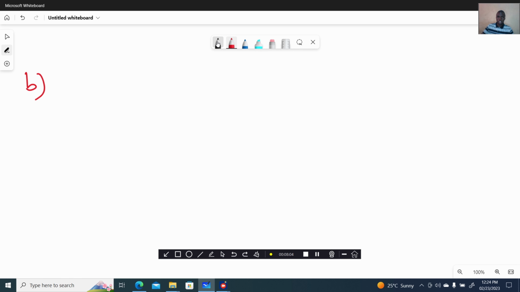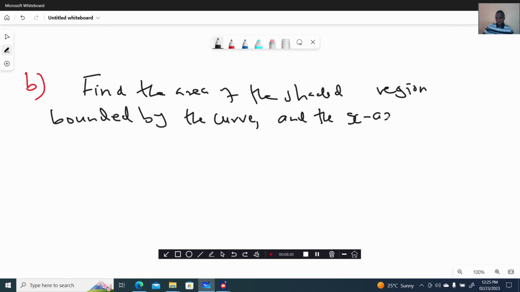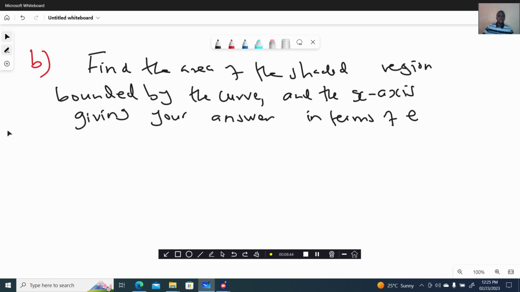Find the area of the shaded region bounded by the curve and the x-axis, giving your answer in terms of e. So what do you have to do with that?